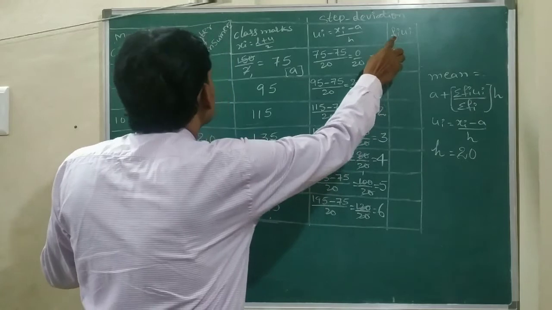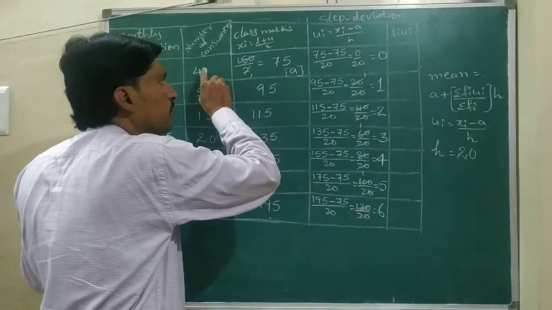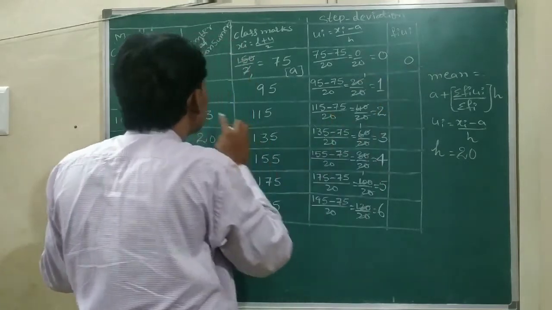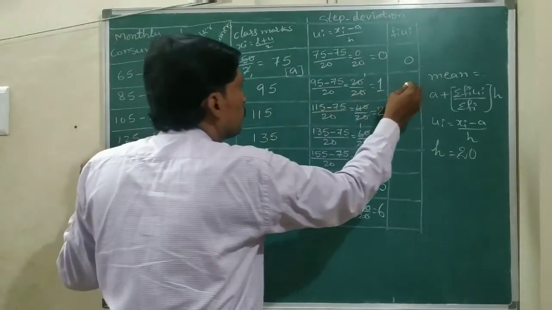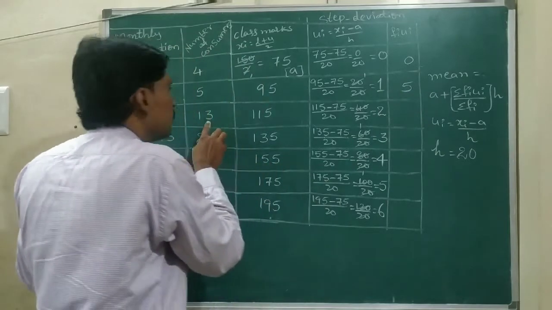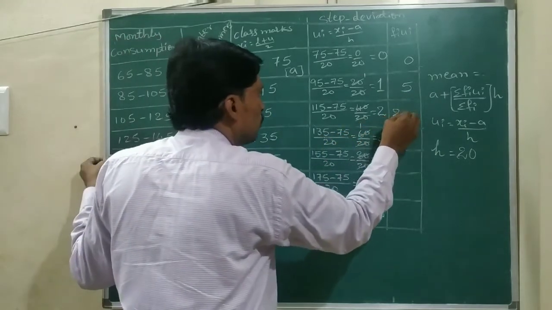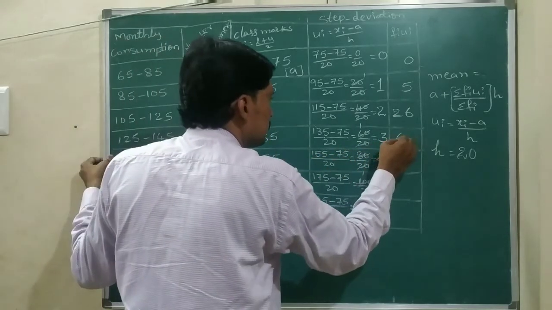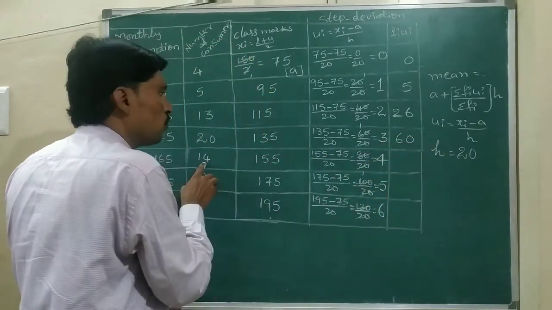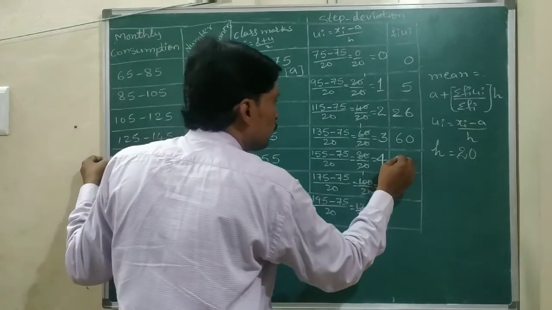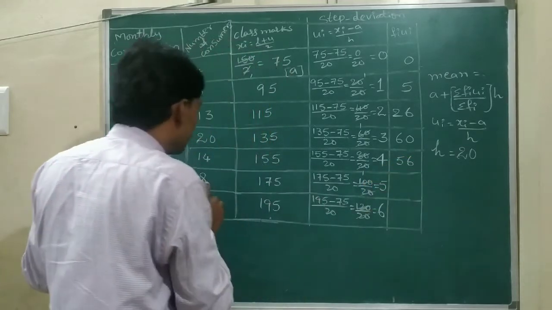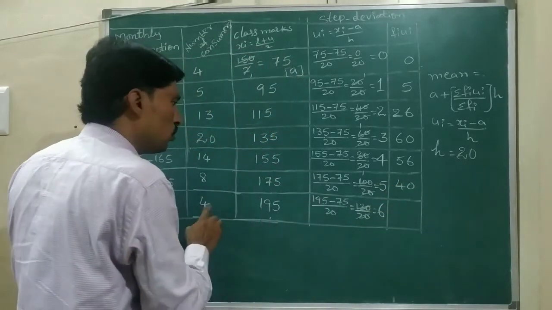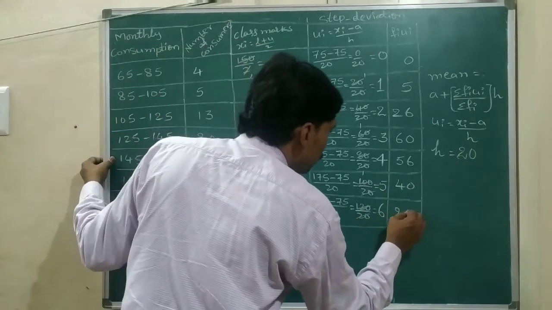Now the first number of consumers: Fi Ui is 4 into 0, 0; 5 into 1, 5; 13 into 2, 26; 20 into 3, 60; 14 into 4, 56; 8 into 5, 40; 4 into 6, 24.